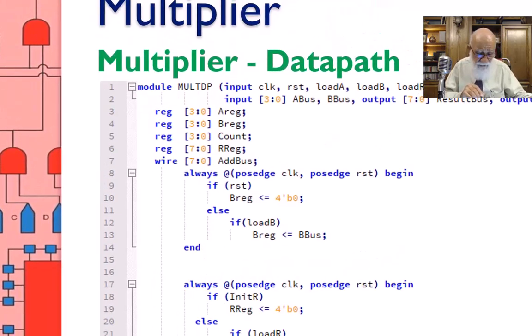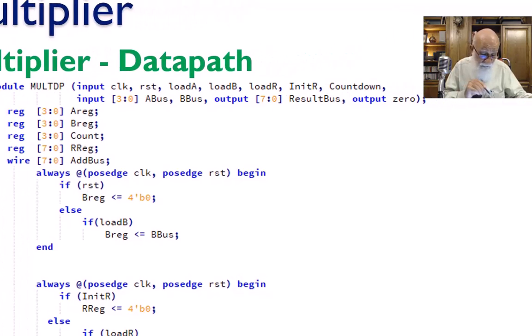The data path has input, clock, and reset. Also, it has control signal inputs: load A, load B, load R, init R, count down, and that's it. Who provides this? The controller provides this. And then I have a 4-bit input A bus, another one B bus.